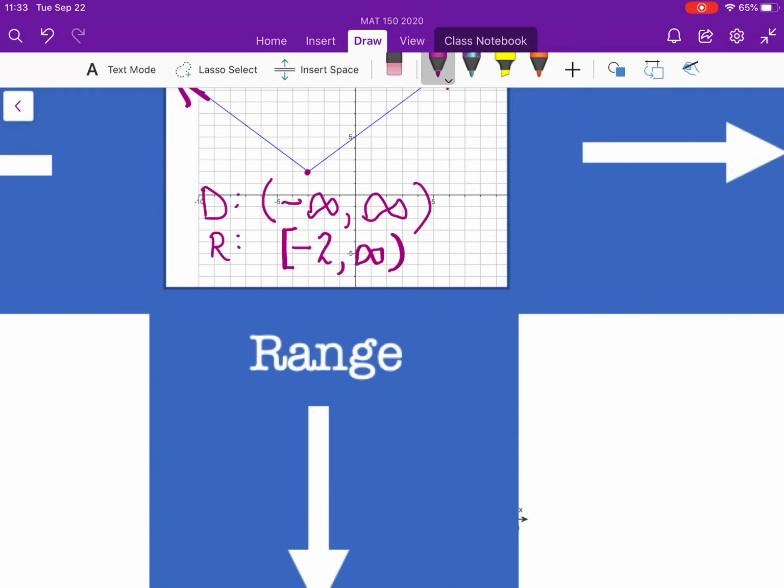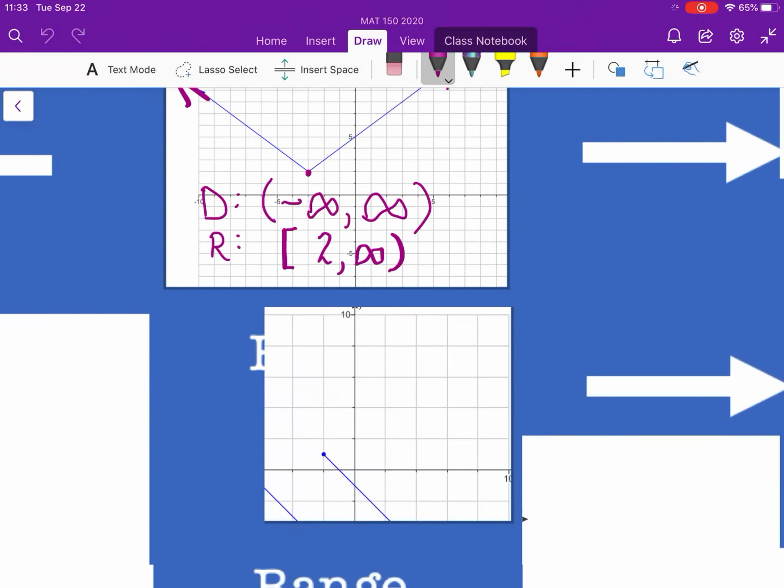A bracket means included. It's part of the function. Like if I put in -2, I don't get error. I actually get, whoops, I don't know why I said that was negative. It's actually +2. So if you've been scratching your head, why is that negative? It's not, it's positive. Okay, so from 2 to infinity, okay? So it's an actual point on the graph.